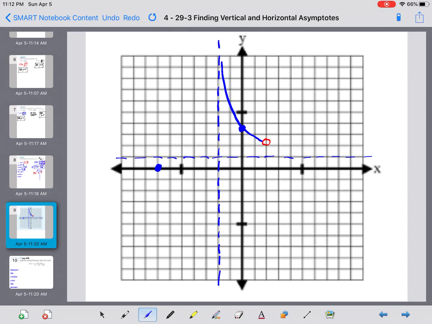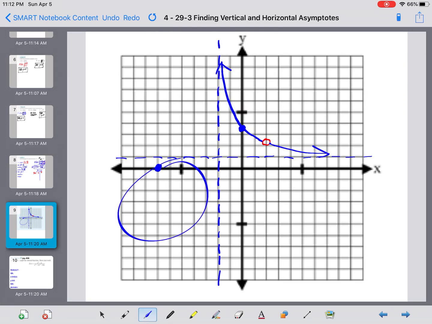Now again, when you get to that hole, the hole is just like when we do interval notation, it's an open point. So I can get as close to that hole coming from the left, and get as close to the hole coming from the right, but I can't hit the hole. This is like a pothole in the road, but it's still on the graph. It's a point in line with all the other ones.